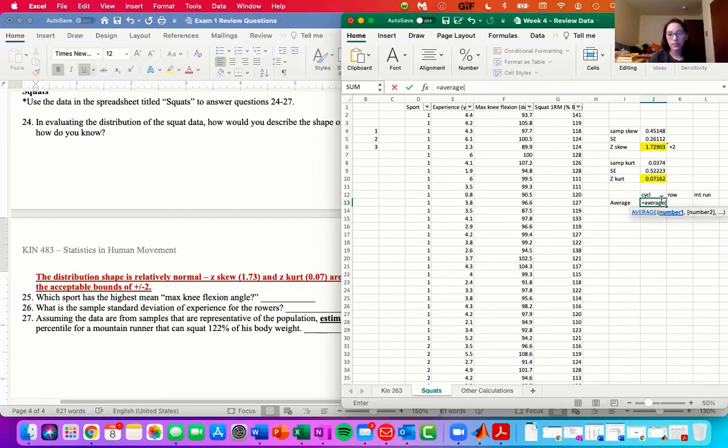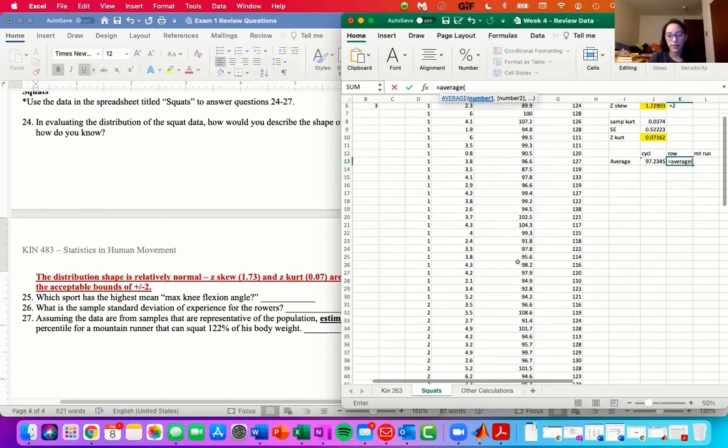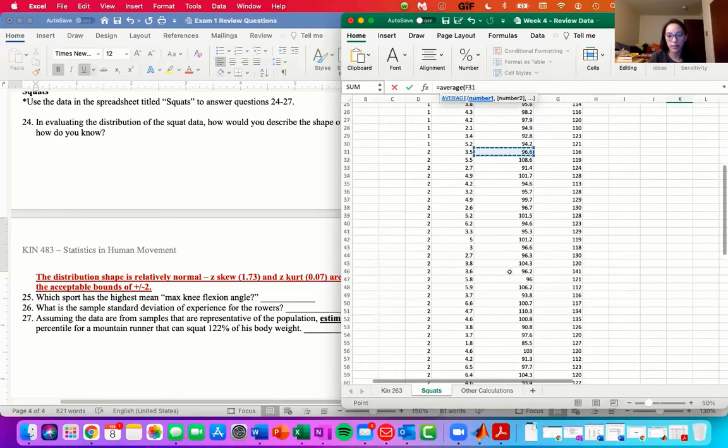Average, there we go. Cycling was listed as a value of 1. So I would take max knee flexion values up until I see the shift between 1 labels and 2 labels, because that means I'm switching sports. Okay. I can then find the average of max knee flexion for anyone who has the data label of 2.